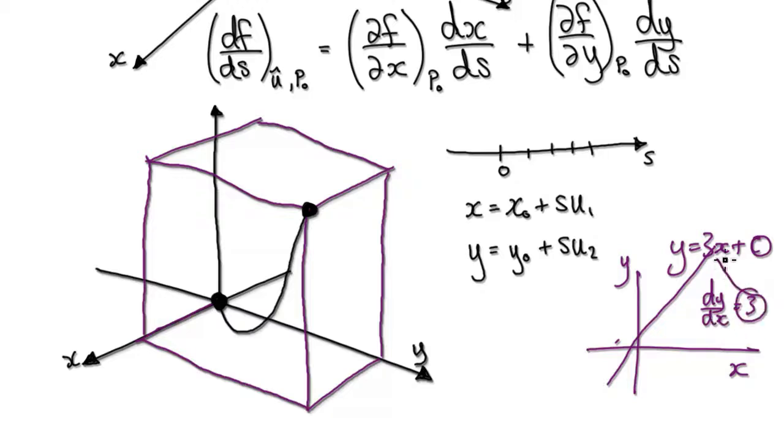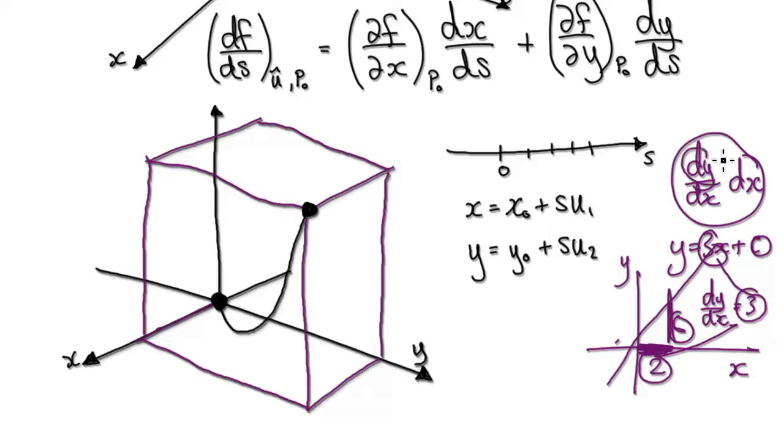So we know the gradient is 3. If you get the gradient and times by this width here, then you would get the height. So if this width is 2, then you times 3, the height would be 6. So if you know dy by dx, and then in a way you multiply it by the dx, you're going to get the change in the height.